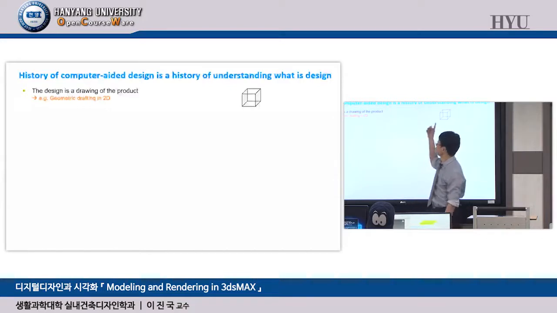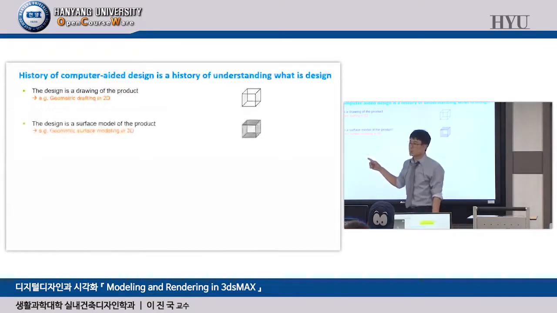That is why we focused on elevations, plans, perspectives, line drawings. So geometric drafting in 2D was the CAD system at the time.